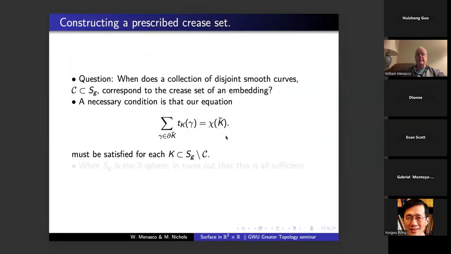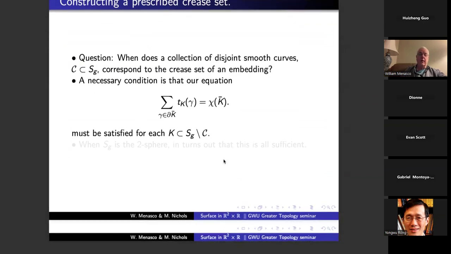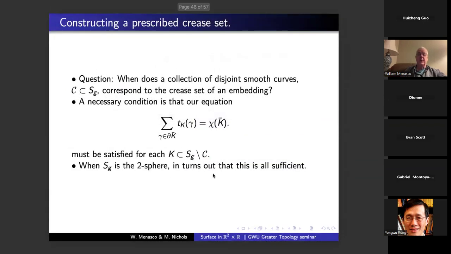A necessary condition is that the turning numbers of the components in the complement of the crease set have to equal the Euler characteristic. So you need your turning assignments to make that correspondence, that addition. So these would be your weights and they have to add up.